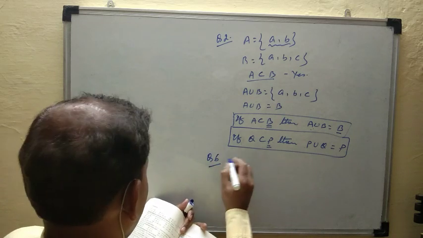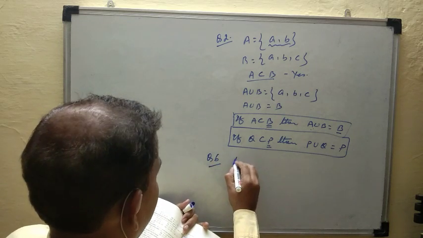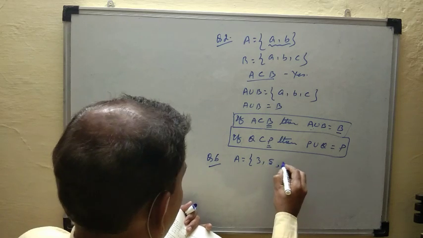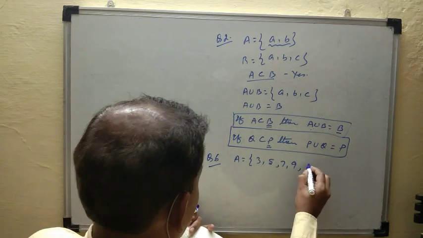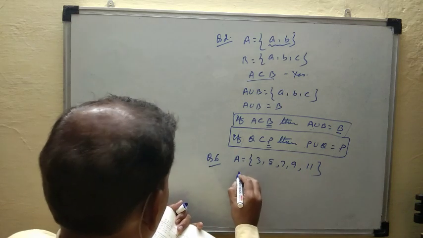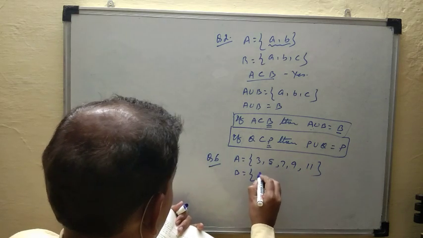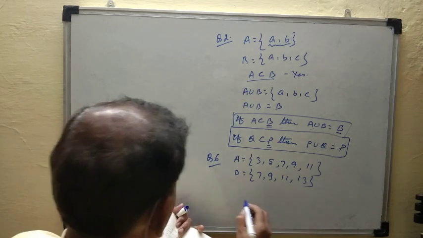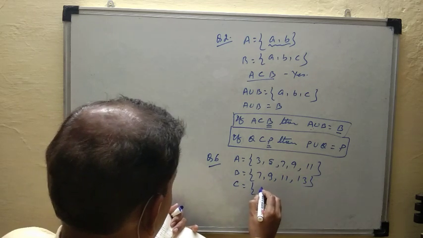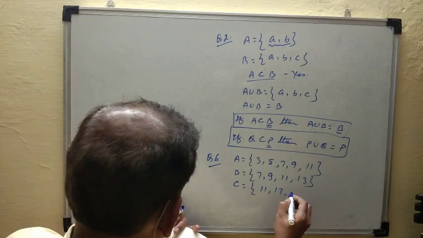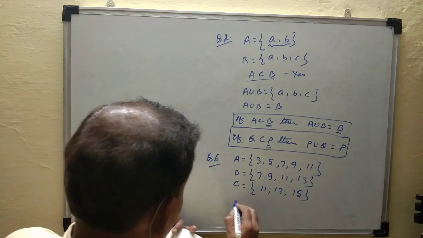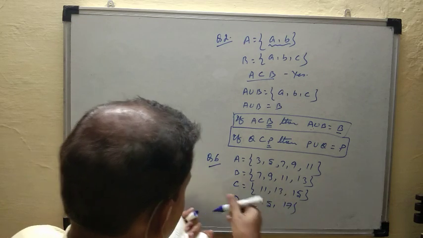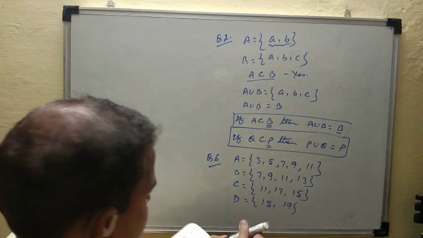Question number 6: A is {3, 5, 7, 9, 11}, B is {7, 9, 11, 13}, C is {11, 13, 15}, and D is {15, 17}. Suppose we find the ninth.